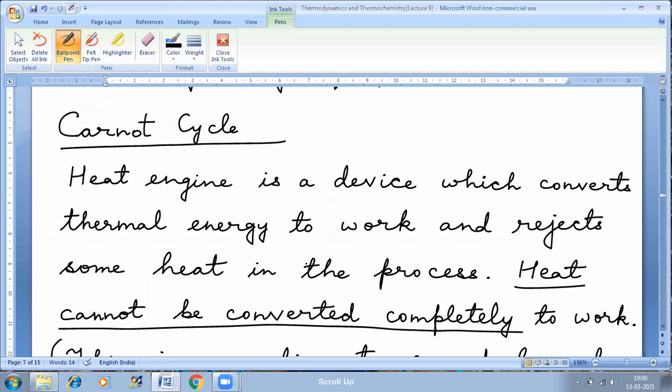Now, based on this, we are trying to construct a device which will absorb heat, do some work, and reject the remaining heat. Now, we want to see how much work is done and how much heat is rejected. For that, we have constructed a particular device called Carnot cycle or Carnot engine. And what is a Carnot engine comprising of?